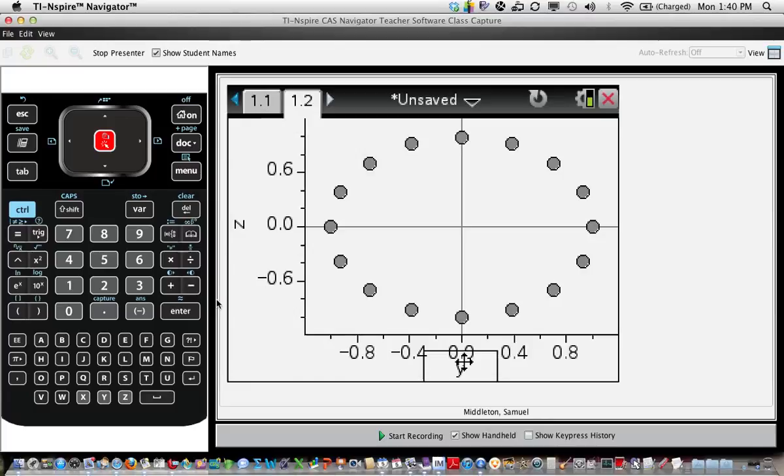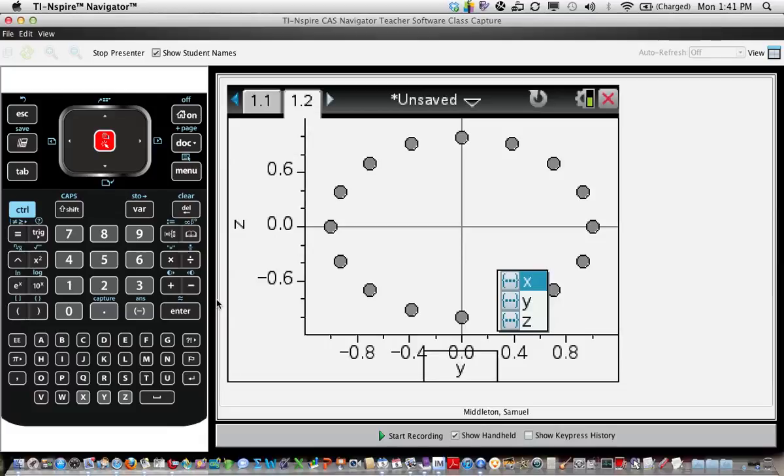Hey, that's cool. What did you just do there? You put the y in there. But it's the other way around. In a unit circle, cosine is the x, and sine is the y. So cosine was the z, right? So put z here.